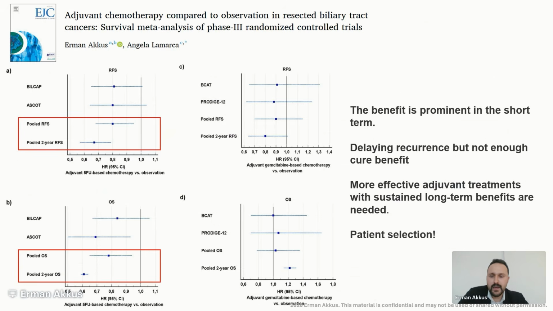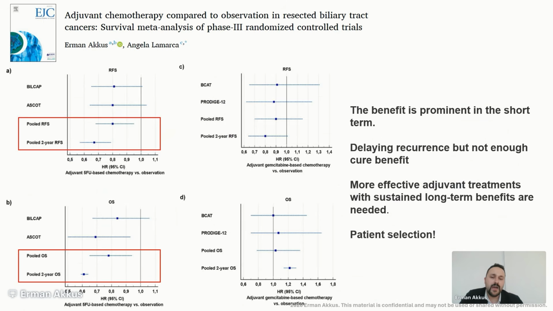We did a pooled analysis of these available phase 3 trials, and we see that 5-FU based adjuvant treatment is beneficial in the adjuvant treatment of biliary tract cancers, but not gemcitabine-based treatment. But the point was that the benefit was prominent in the short term, in the first 2 years.